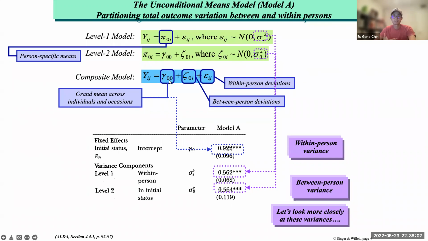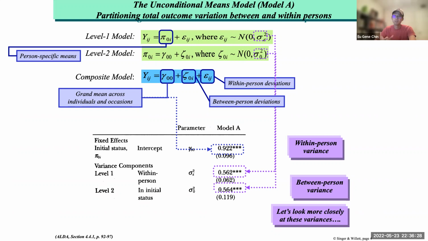So gamma subscript 0,0 is representing the estimated true mean of y across everyone. Borrowing some terminology from analysis of variance, pi subscript 0i is the person-specific mean, whereas gamma subscript 0,0 represents the grand mean across individuals and occasions.